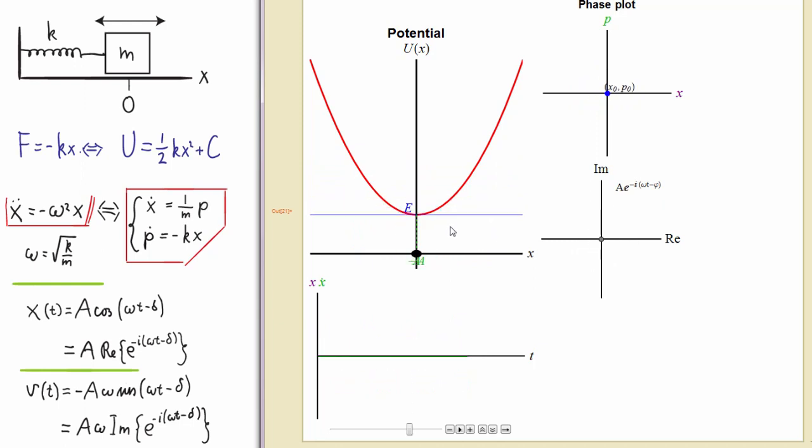If we have the energy 0 here, then the position is at the center of the phase plot, at the origin. This is what's known as a fixed point. If you put your system at this configuration, it will stay there. That's the characteristic of a fixed point, and it's very useful in analyzing differential equations in general. And for the harmonic oscillator, it's very simple. The fixed point is just at the origin here of the x and p plane.